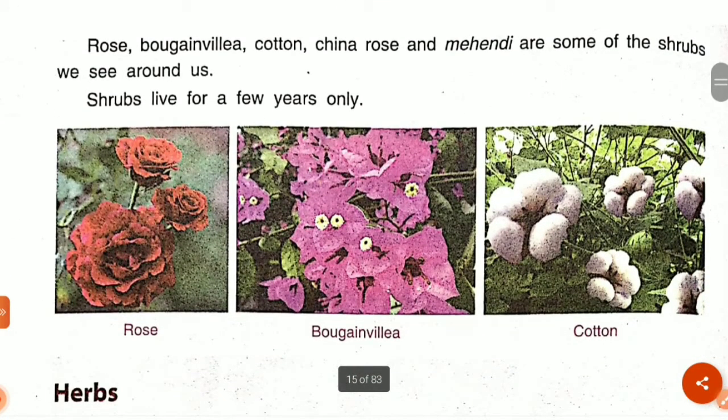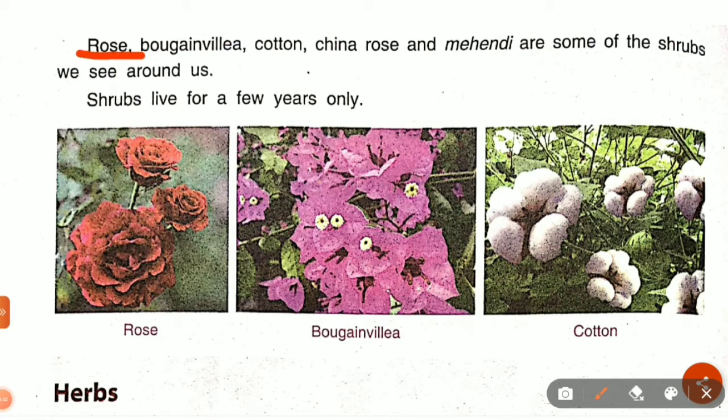See, what are the various examples of shrubs? Rose. Here they are showing the rose flower. How many of you have a rose plant in your home? Put it in your comment box with your name. Okay, right. So rose, Bougainvillea, cotton, China rose, and mehendi.